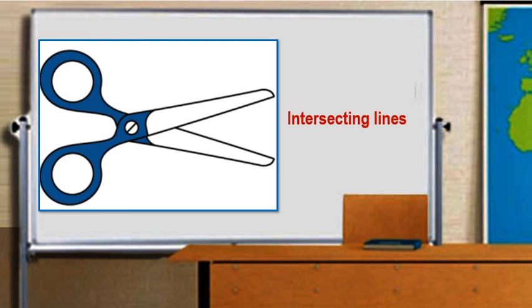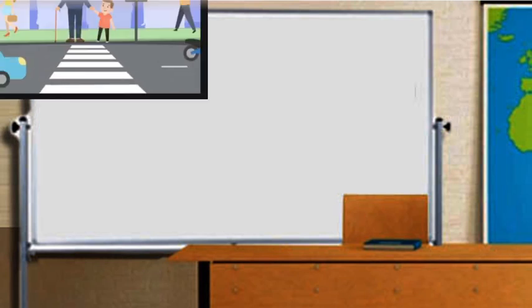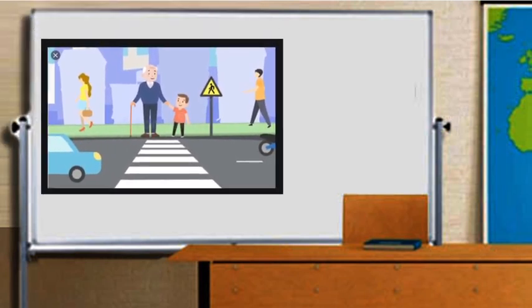Very good. In the next picture, we have the pedestrian lane. Let's look at the lines of the pedestrian lane. So, what lines do they represent? Good job. Parallel lines. Because the lines do not meet or do not intersect. Okay?